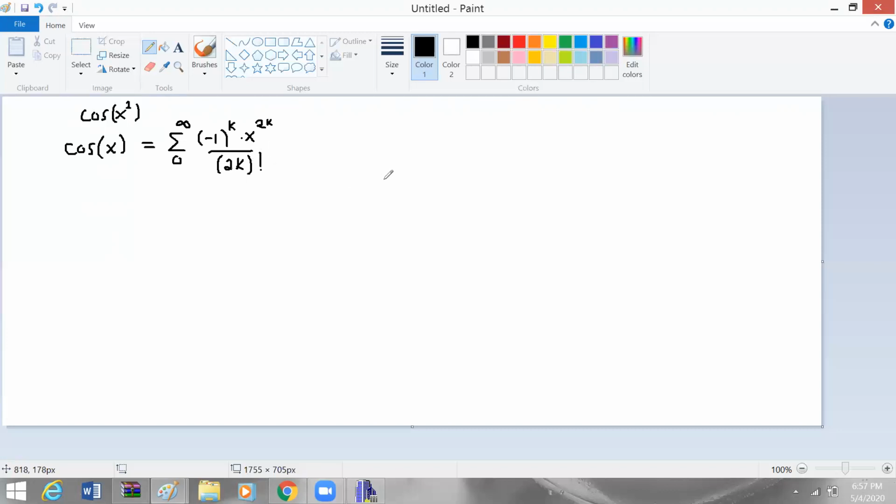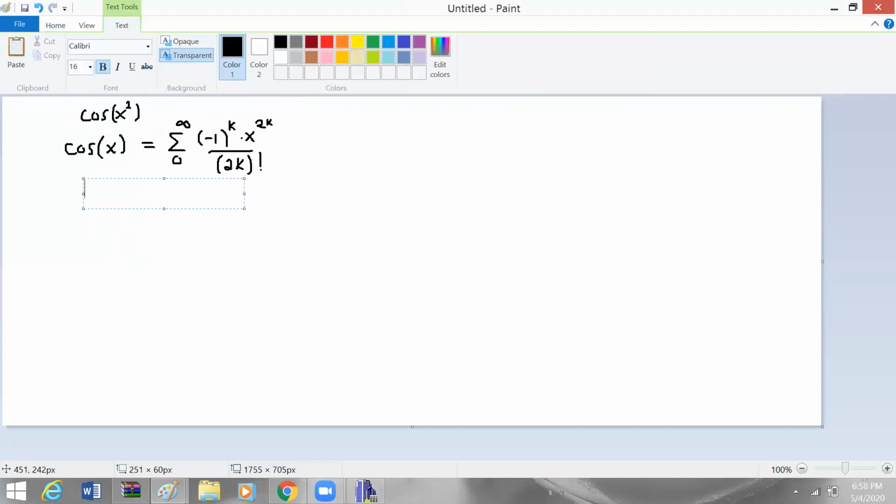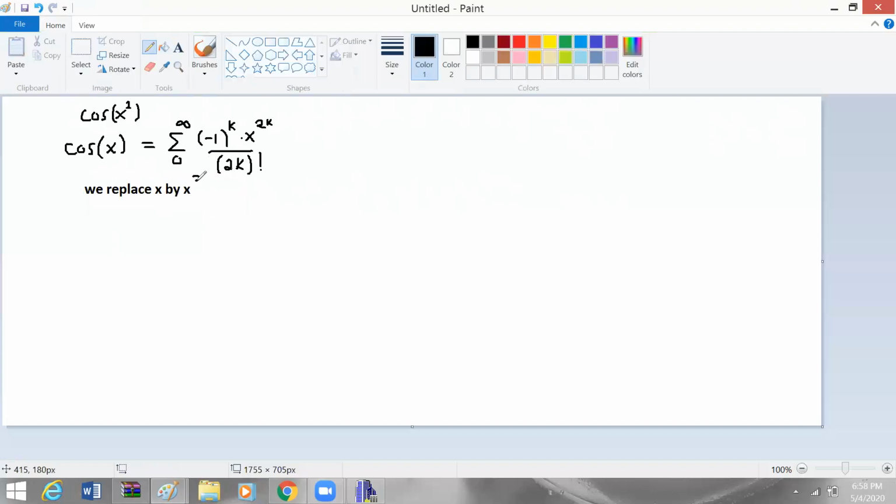Okay, so using this, we replace x by x squared, right? Why do we have to do that? Because we need to use the cosine of x to solve for cosine of x squared, for example.